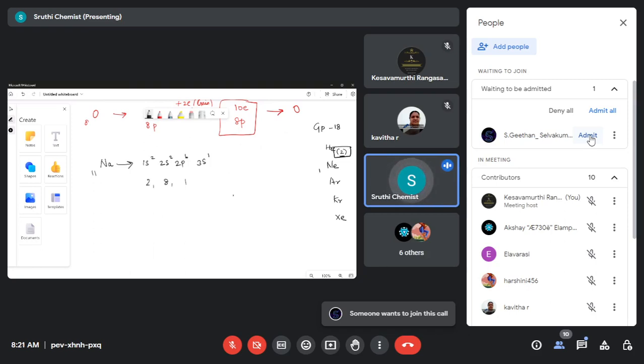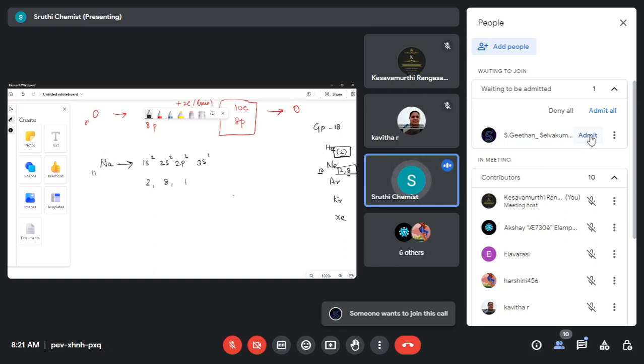Let's come to neon. Neon has atomic number 10, so we have 10 electrons. The first shell holds 2 electrons and the second shell holds 8. The maximum number of electrons in the second shell is 8, which is also filled here, so this is also stable.